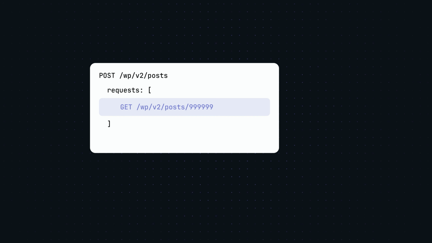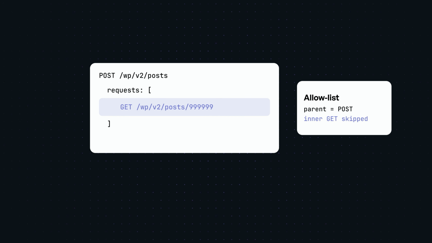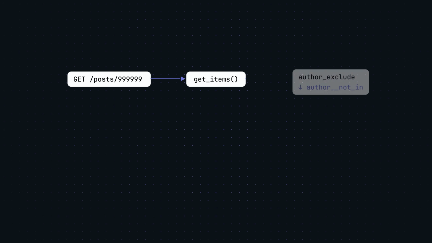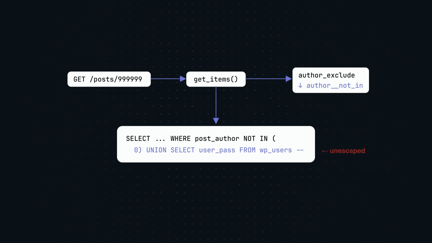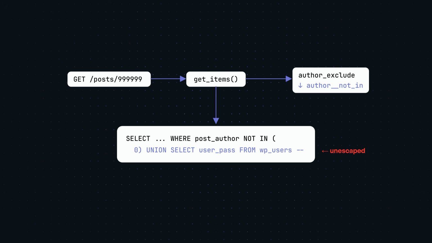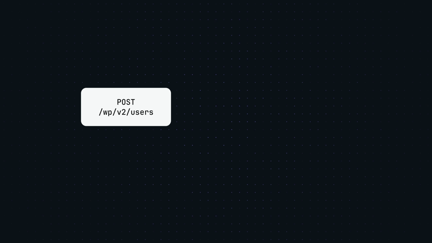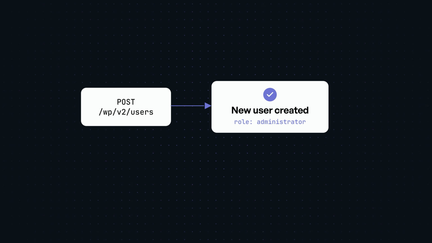Then inside that inner batch is a GET request to a post that does not exist, which triggers the earlier desync, causing WordPress to dispatch the same request under a function called get_items, where a field author_exclude maps to author__not_in, which the vulnerable build interpolates into SQL as a string. Basically, because all of this is running internally, the SQL is not escaped. The POC uses a series of requests that ultimately allows a POST request to v2 users to create a new admin account.